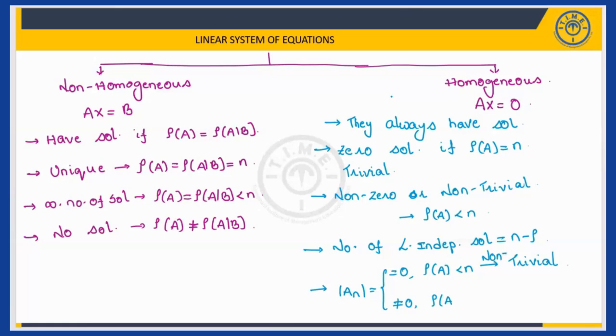So if det A is equal to 0, then rank of A is less than n, then the system of equations will be having a non-trivial solution. Okay. So these are the points to be noted in the linear system of equations.